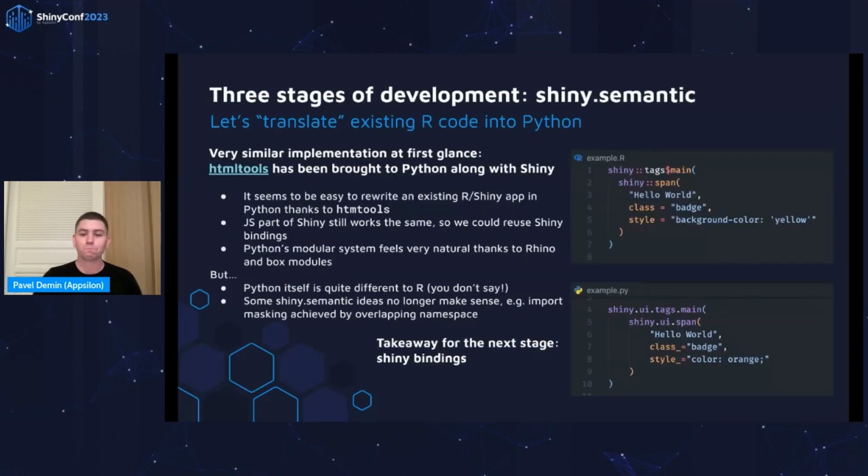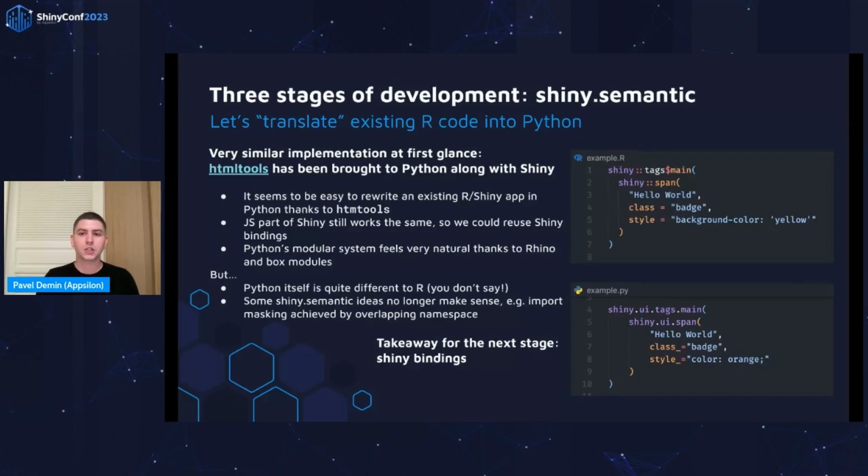And we first approached the development with this reckless thought: let's translate existing R code into Python, like a proof of concept. Can we do that? And actually, a great idea. Why not? If it's possible, that's great news, right? It might seem reckless at first sight.